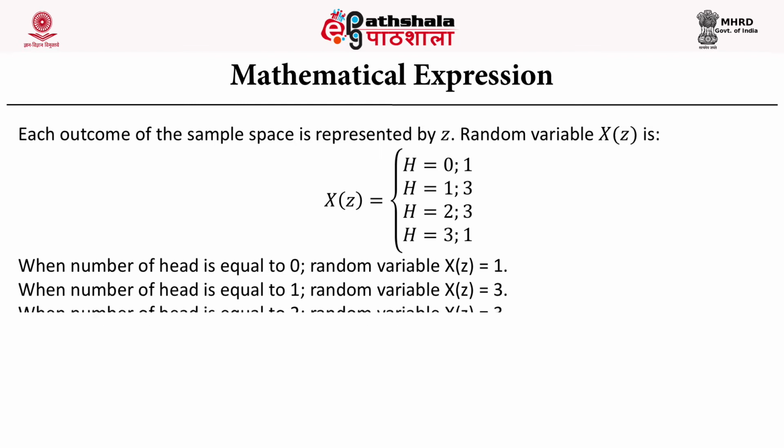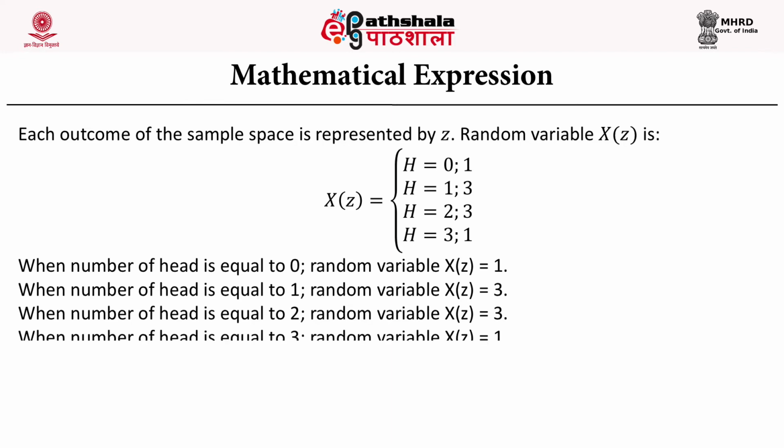When the number of heads is equal to 1, the random variable is equal to 3, because we have 3 possibilities where a head appears one time. And when the number of heads is equal to 2, the random variable is equal to 3. It means that from the sample space, a head appears 2 times in 3 possible outcomes. When the number of heads is equal to 3, the random variable will take the value 1.